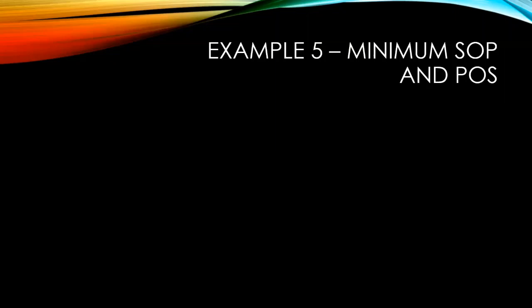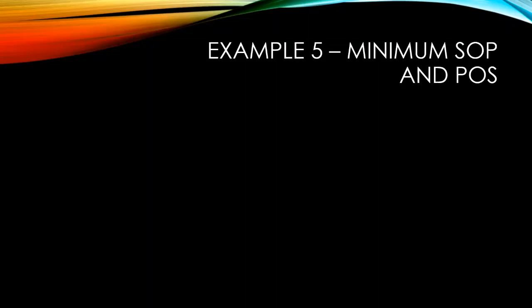Example 5. If we want to get the minimum SOP and POS, we first need to choose whether to get the SOP first or the POS. Because if there are don't care states, there is a possibility that we could have a different answer when we start with the SOP and then POS, or start with POS then SOP, because we're going to have a different grouping.